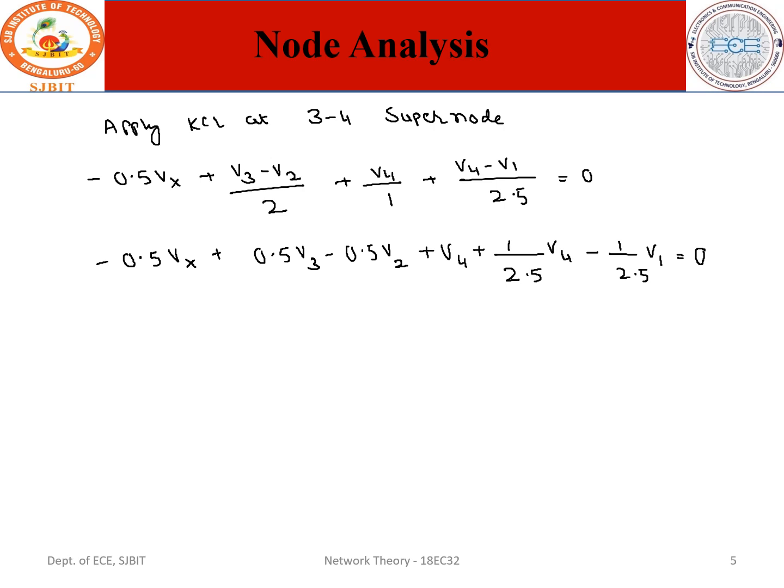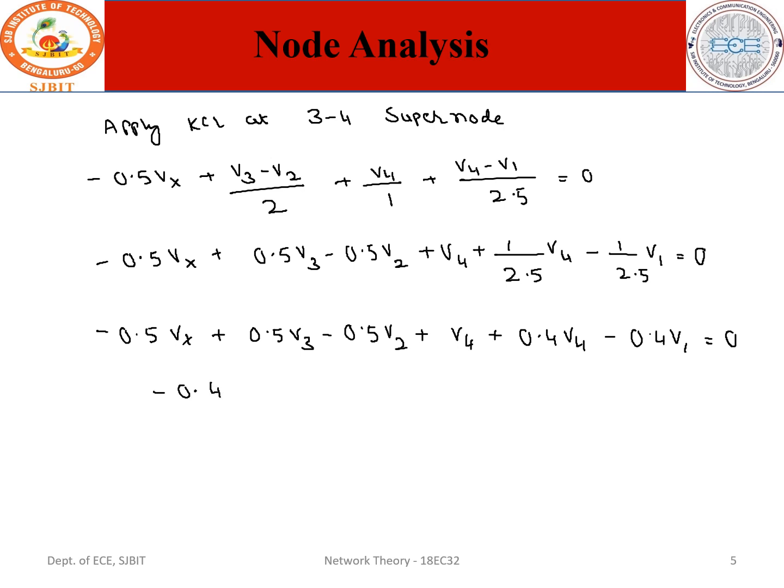This becomes minus 0.5 Vx plus 0.5 V3 minus 0.5 V2 plus V4 plus 0.4 V4 minus 0.4 V1 is equal to 0.